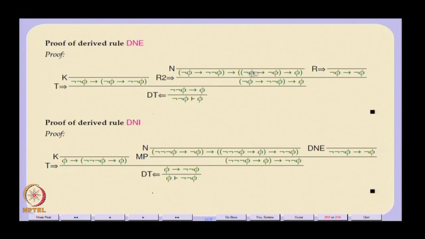So, this is an instance of the rule n, and of course, we have already proved for all formulae the rule r arrow.